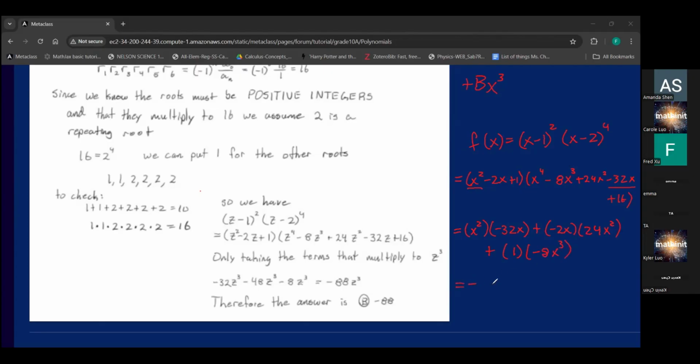Now we're left with negative 32x cubed, then minus 48x cubed, since negative times positive is still negative, and then minus 8x cubed. Once we do this, we just get negative 88x cubed.